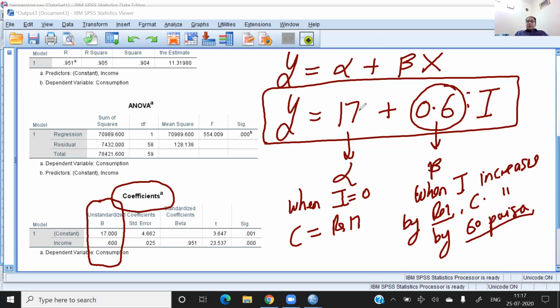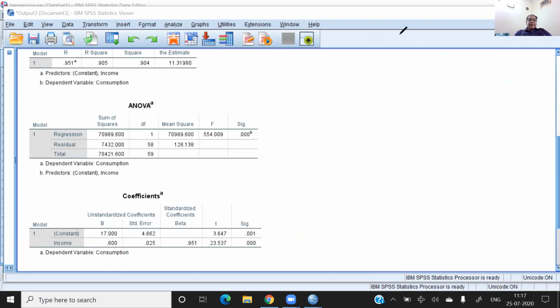Now I'm showing you the meaning of the other terms. Okay, so let me clear it. Next we have the standardized beta. These are the unstandardized betas, and this is the standardized beta. Because this table is very important, let me explain this.